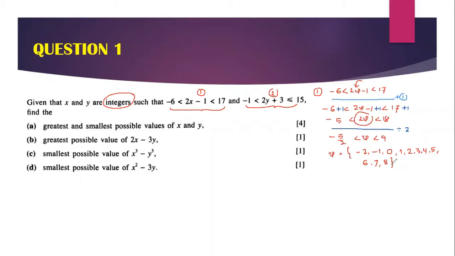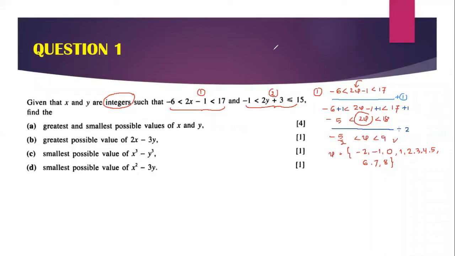That's correct, everyone? Yes, x bigger than minus 5 over 2 and x less than 9, so the integers that satisfy this inequality are minus 2 until 8. Is it correct, everyone?